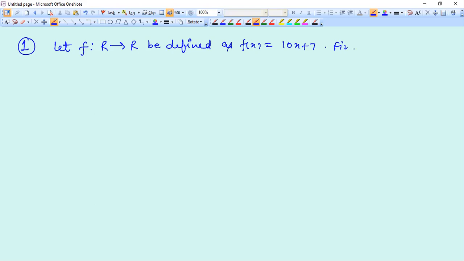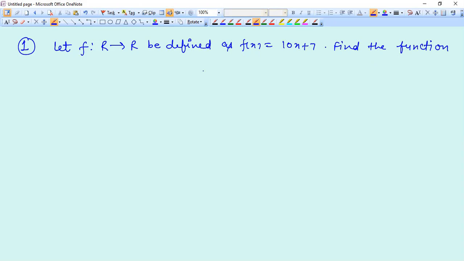Find the function. Here given, f is a mapping from R, real numbers, to real numbers, defined as f(x) is equal to 10x plus 7.